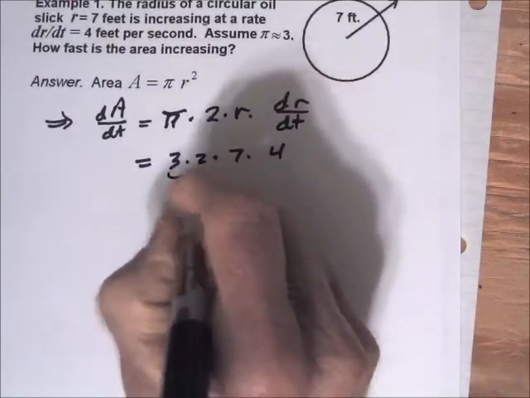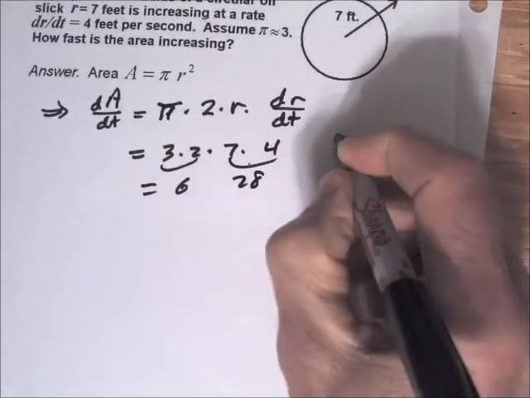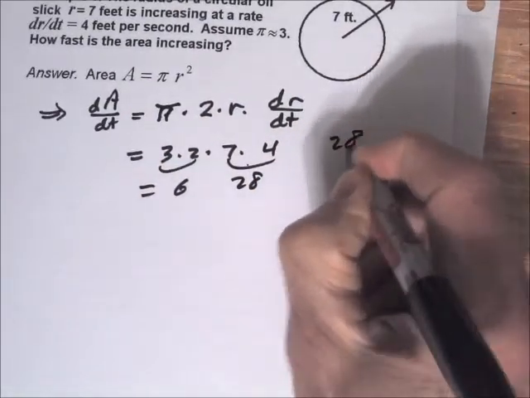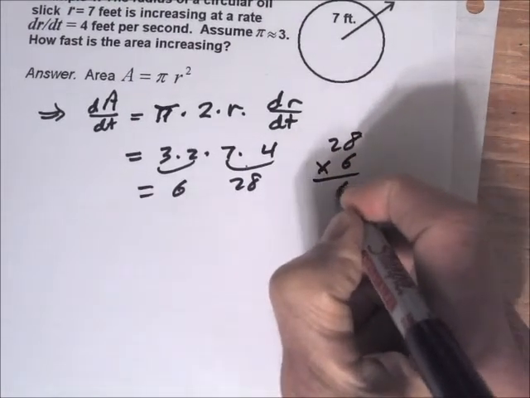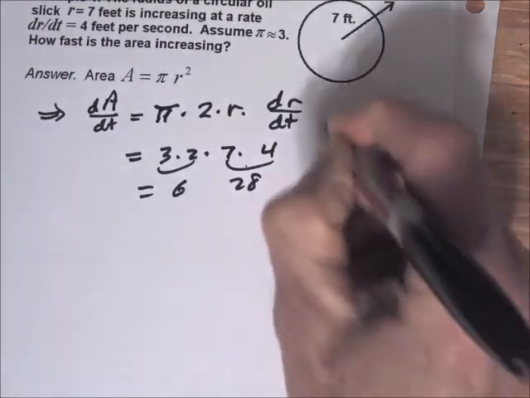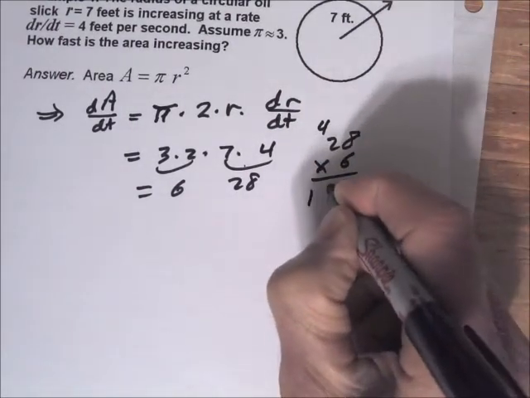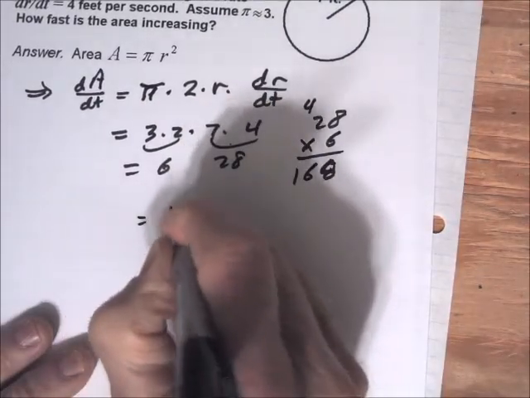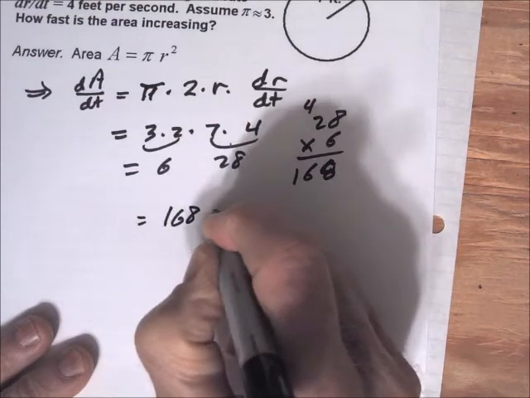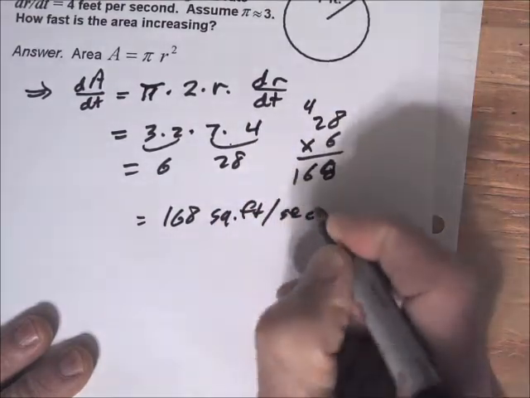So 2 times 3 is 6, 4 times 7 is 28, 28 times 6, 8 times 6 is 48, carry the 4, 2 times 6 is 12, plus 4 is 16, so it's approximately 168 square feet per second.